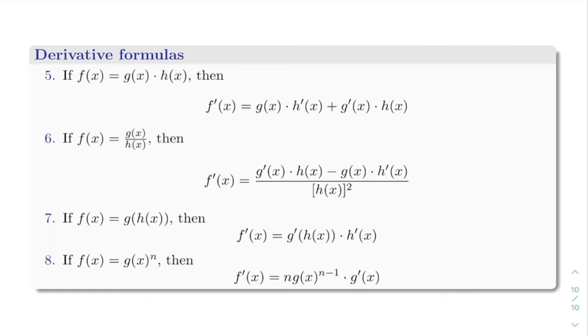The seventh one is the chain rule, which says that if I have a composition of two functions, then the derivative of f will be the derivative of the outside function evaluated at the inside function times the derivative of the inside function. And as a special case of the chain rule, we have what we call the power rule.